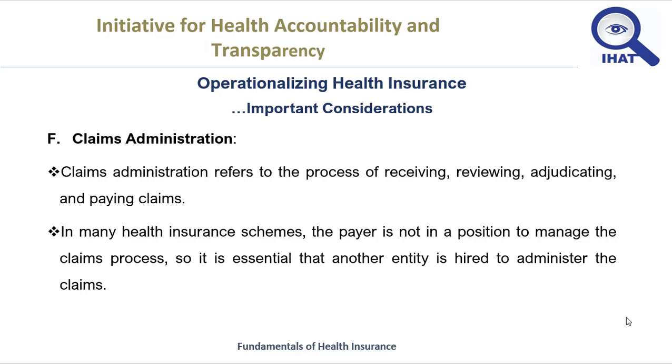In the cashless system, the beneficiary receives a covered service from a provider and does not pay the provider, other than the possible co-payment or for items that the scheme does not cover. The provider submits a claim for that service to the claims administrator for payment. In a reimbursable arrangement, the beneficiary seeks services and pays the provider out of pocket.